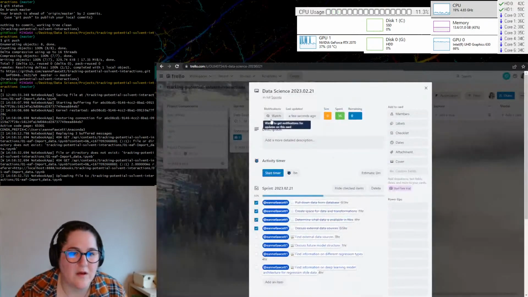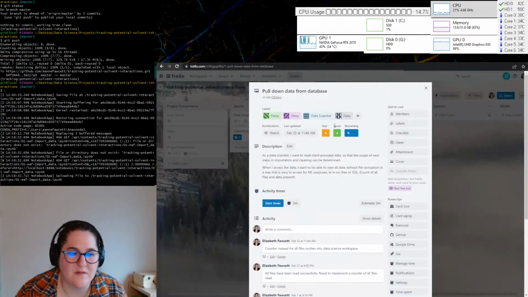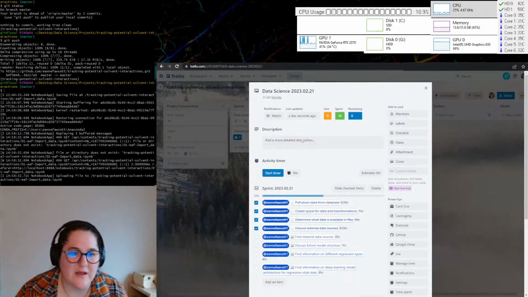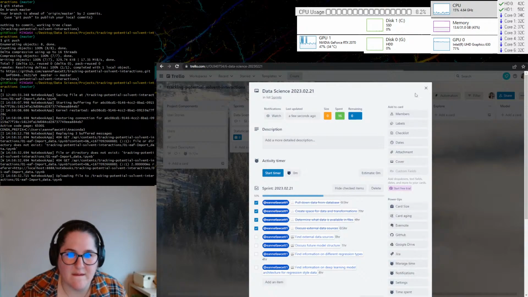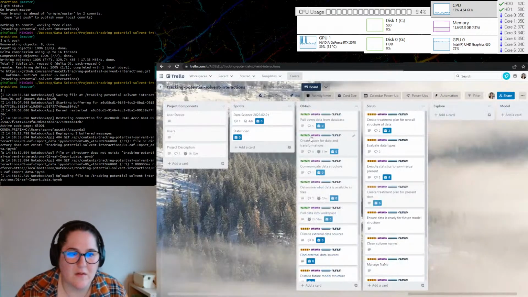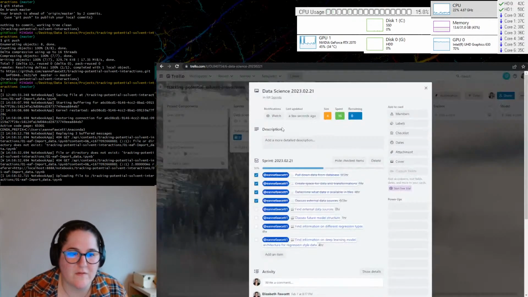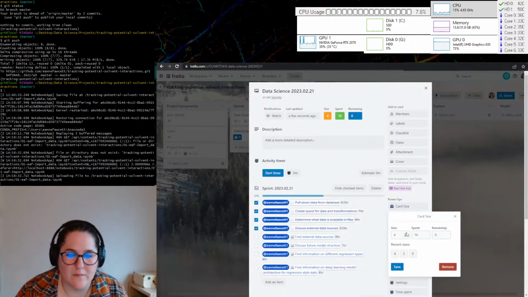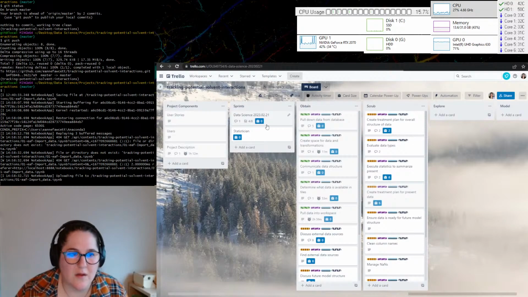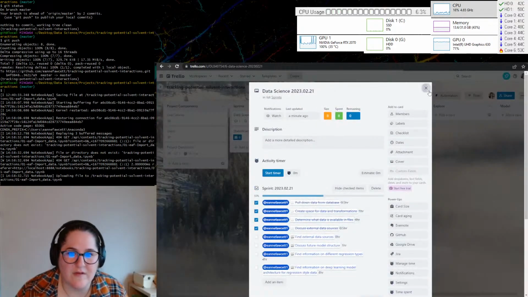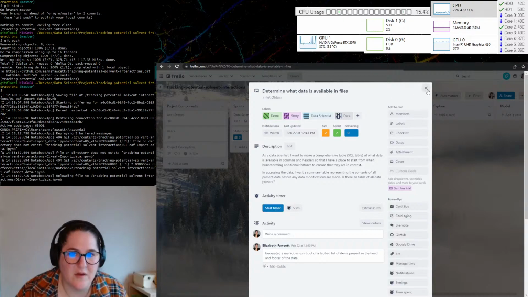Okay, and on here we had pulled down data from database, 4. So let's go ahead and add those 4. Save. Done. And then we had create space for data and transformations, another 4. Okay, cool. And then we had determine what data is available in files. That's 2.